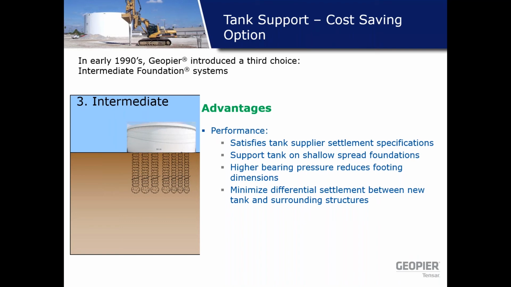You can still support the tank on the shallow foundation, and you can get the bearing capacity from 5,000 to 8,000 psf, even higher. It obviously minimizes the differential settlement between the center of the tank and the edge of the tank, edge to edge, as well as the adjacent tanks, provided they are supported on the ground improvement systems.